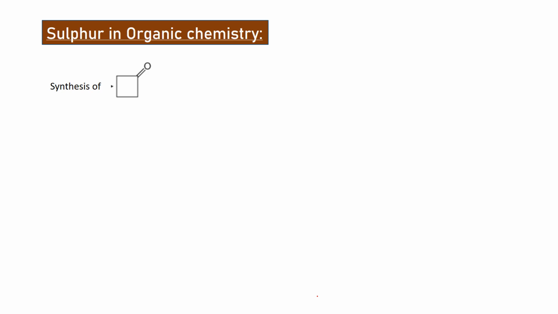So by using this sulfur chemistry, we have to plan the synthesis of this cyclobutanone. Can anyone guess? Just a hint, it will start from this as a substrate, and this as a reagent.